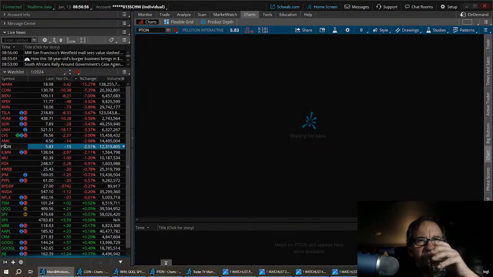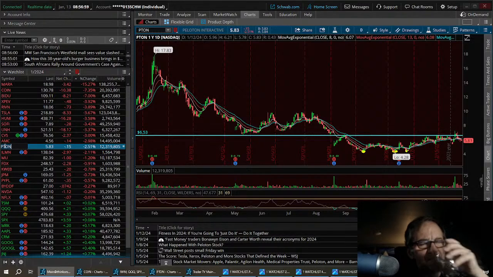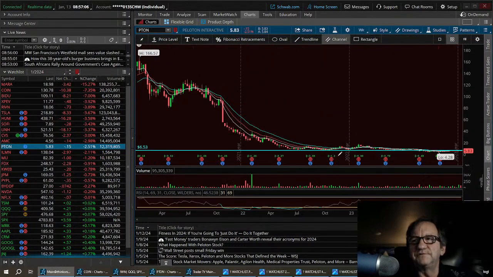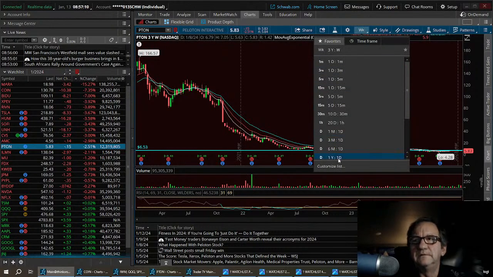Same as Peloton. Peloton had an accident with a child, and it killed a child. And this thing was one of the best stocks into COVID, because people were staying home, being in the now.